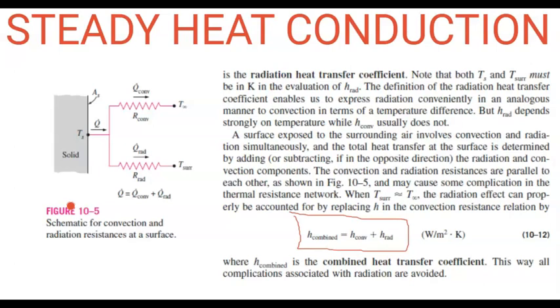Even if you convert that into Kelvin, the change will still be 90, because you're adding 273 on both sides, and when you subtract, it will be 90. But for everything else, we prefer to use the Kelvin scale, which is known as the absolute scale.